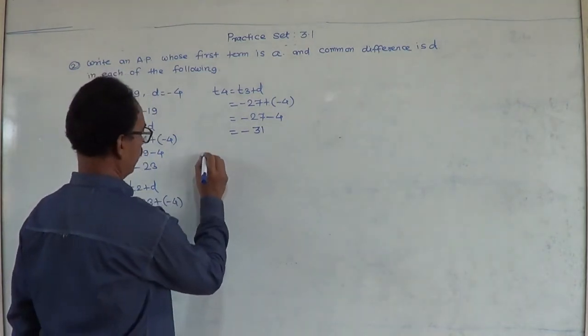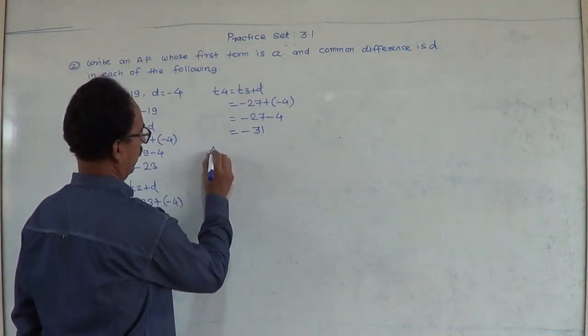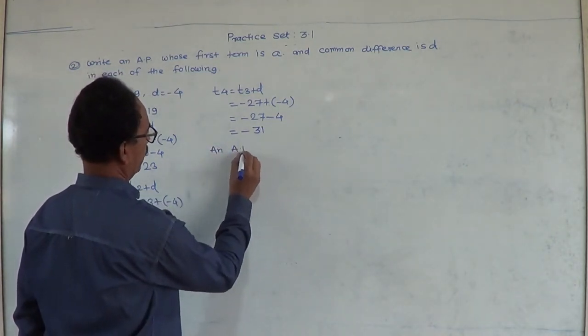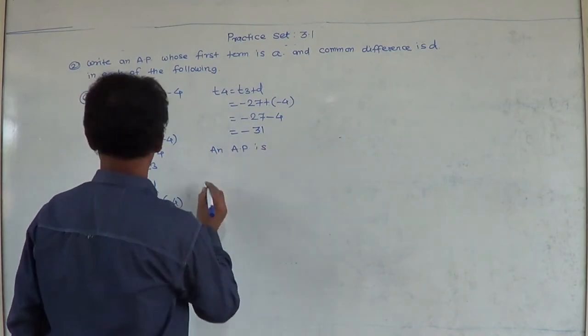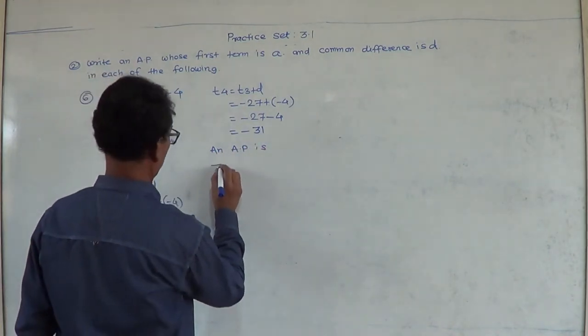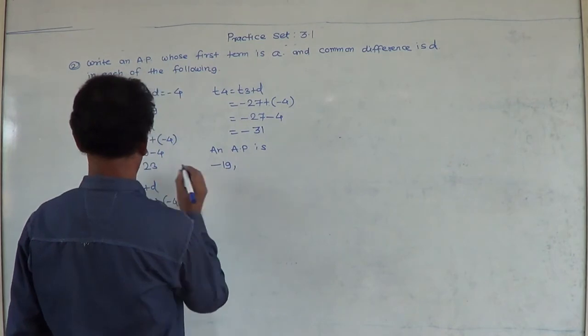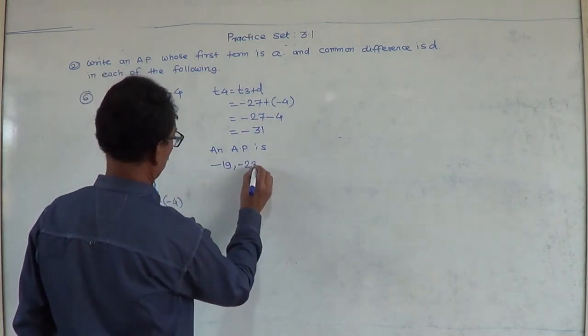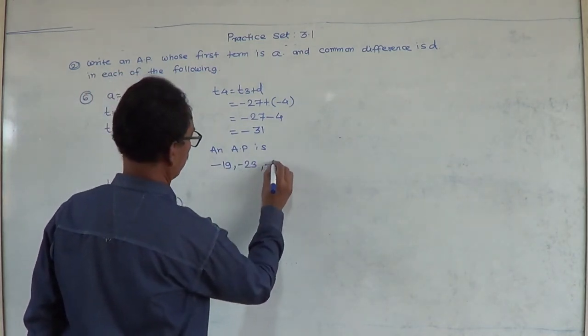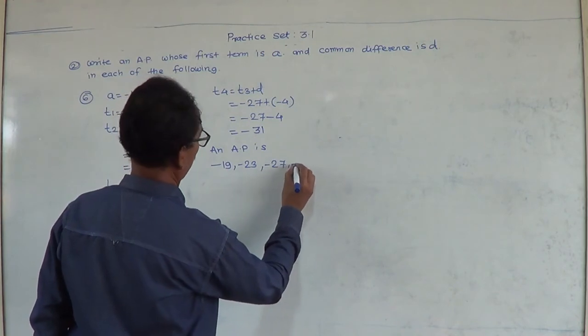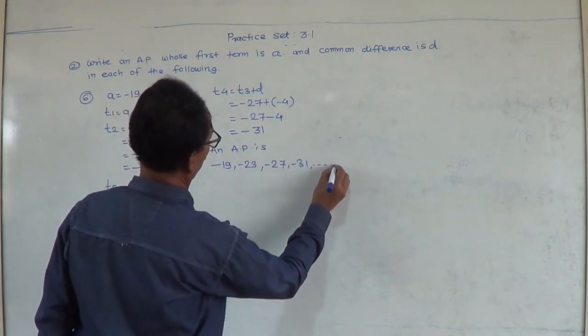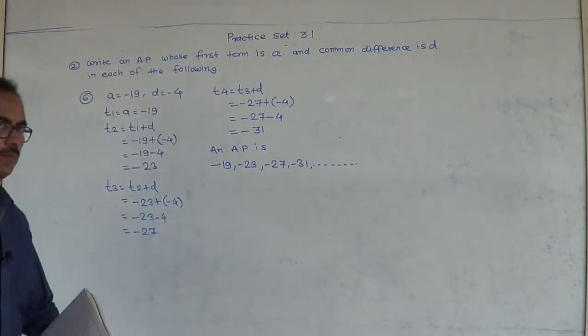So an AP will be, first term minus 19, then T2 is minus 23, again minus 27, minus 31, and so on.